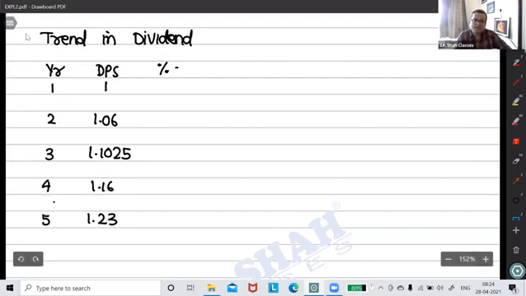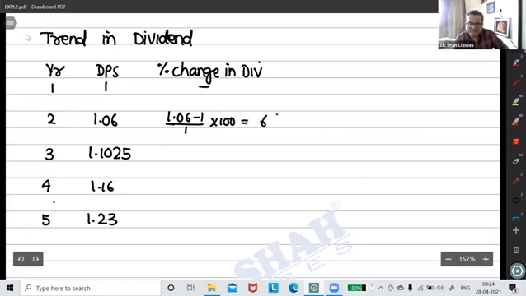As usual, we'll find the percentage change in dividend. Obviously for the first year we don't calculate that. So here it will be (1.06 minus 1) upon 1 into 100. I think it's very clear, 6%.